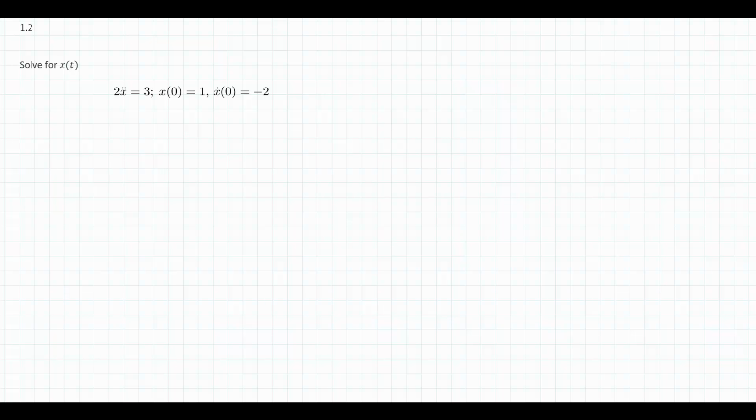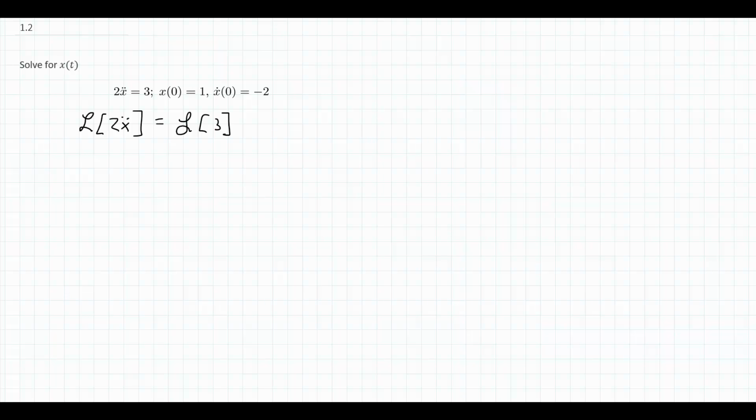So to solve this using Laplace transforms, I first want to take the Laplace transform of both sides. So I want the Laplace transform of the left, and that's equal to the Laplace transform of the right. I need to go from the time domain that I'm currently in into the Laplace frequency domain s, by actually carrying through these Laplace transforms.